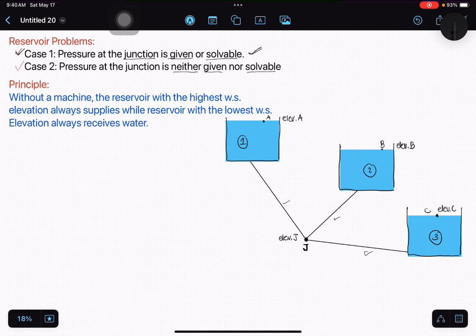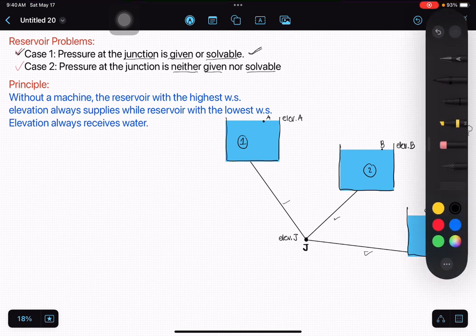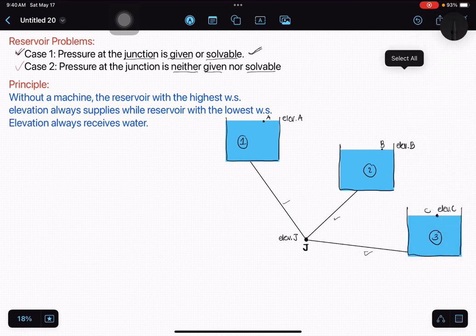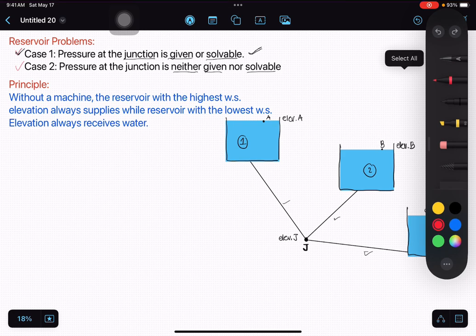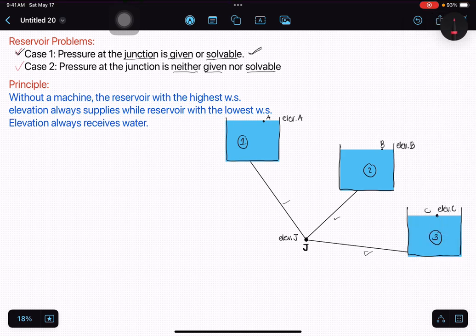Okay? So, elevation yan. And yung datum natin, pwede na natin hindi i-draw sa figure. Okay. So, pag yung highest na elevation ng water surface, yun yung sure tayo na magsusupply, which is eto. Pag wala tayong machine, walang pump or turbine. And then, tawagin natin yung Q1. Yung water surface elevation na pinakamababa, yun yung always na magre-receive.